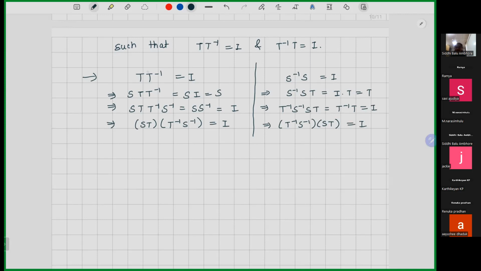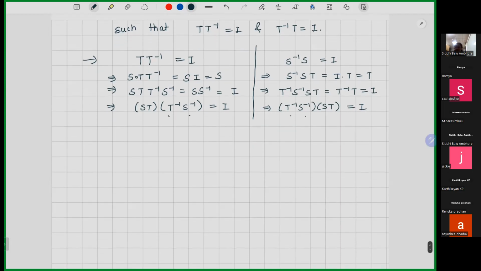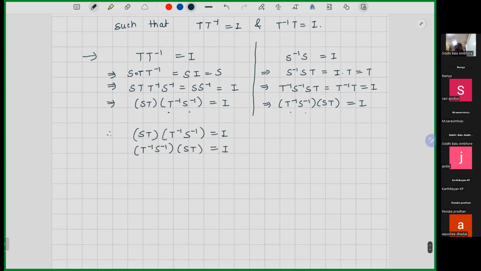I started with the identity transformation, composed this with T, and then composed this with S inverse and got the identity. Similarly I did it for S S inverse and obtained that T inverse S inverse is serving as both the left and right inverse for ST. So what we got is that ST T inverse S inverse is I, and T inverse S inverse ST is again I, where I means the identity transformation. This implies that ST is invertible and ST inverse is in fact T inverse S inverse.